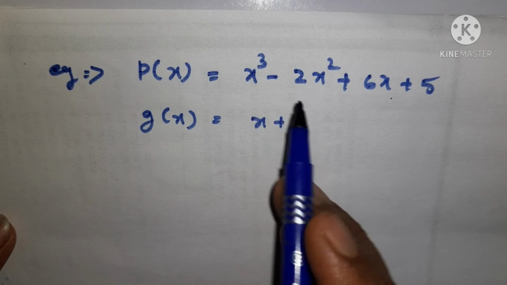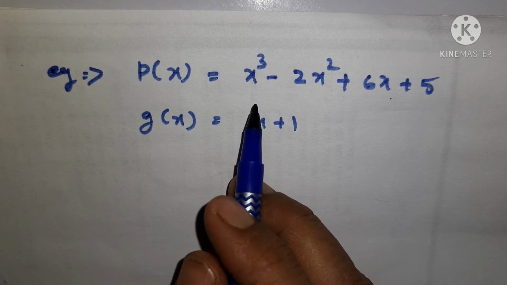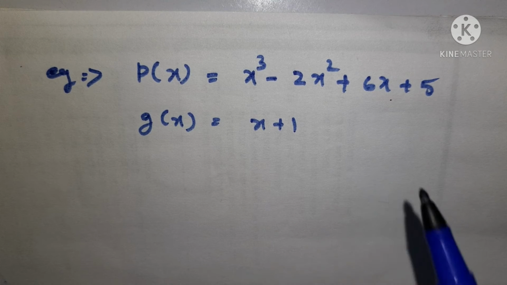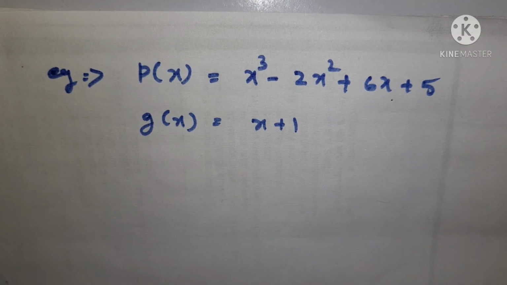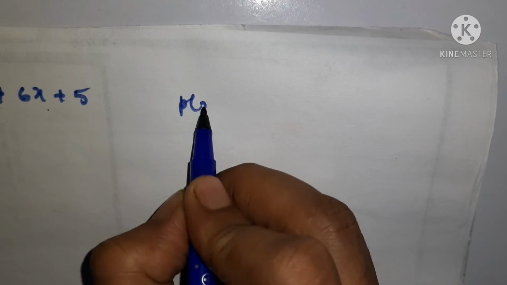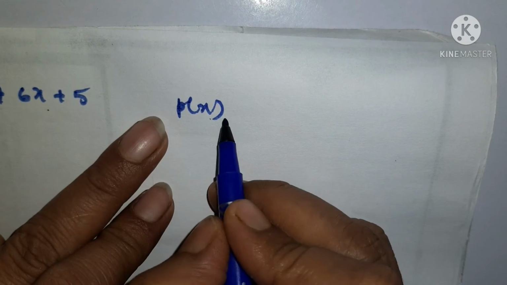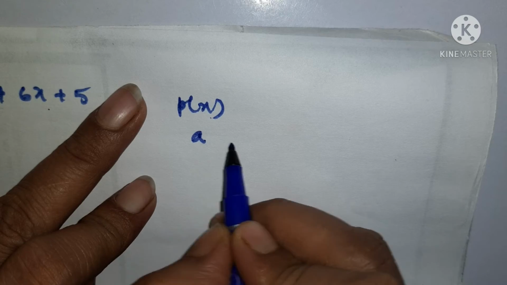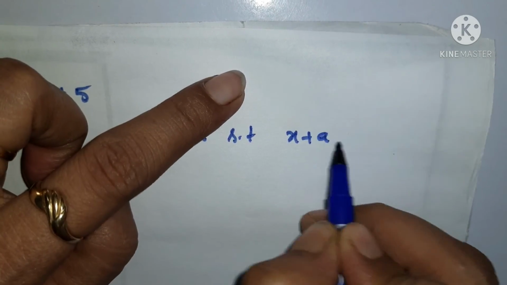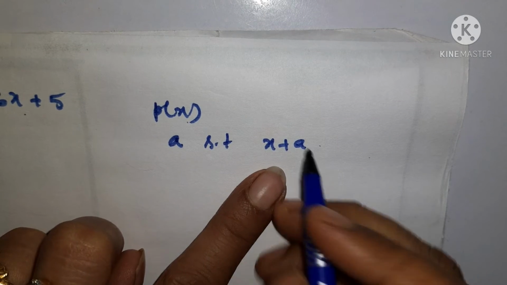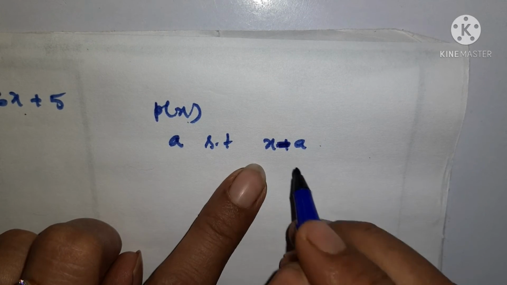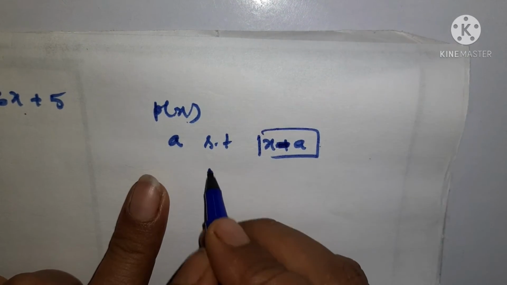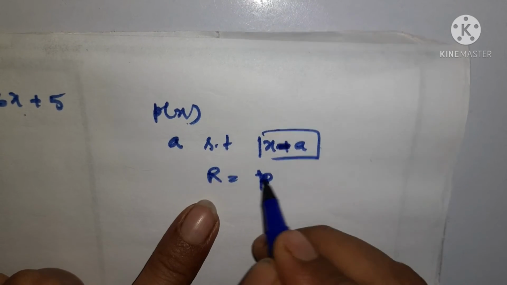Now in such a case, there should exist a real number a such that x minus a, when you divide p(x) by x minus a, in such case you will get the remainder as p(a).